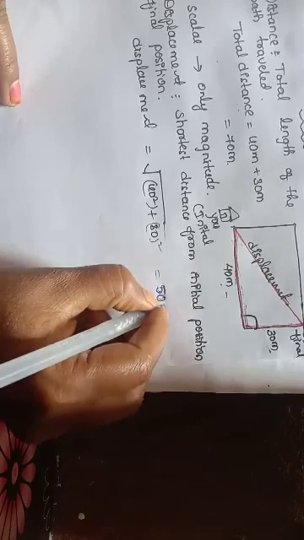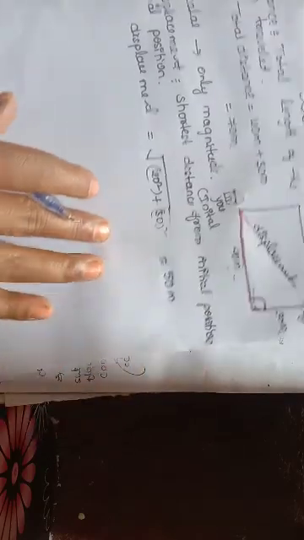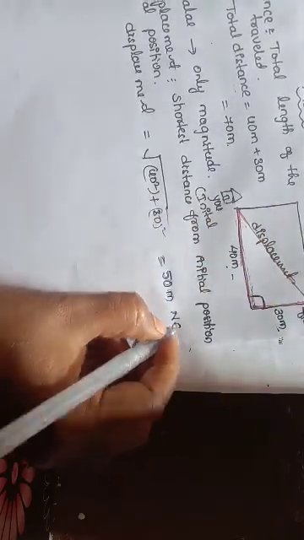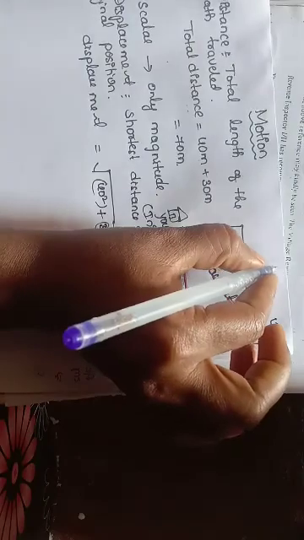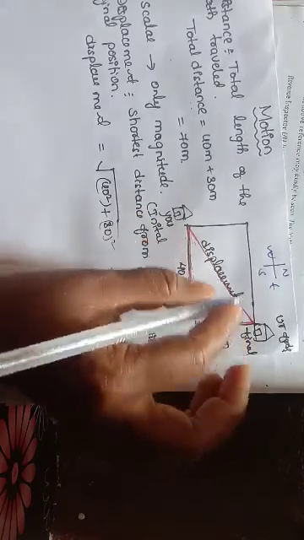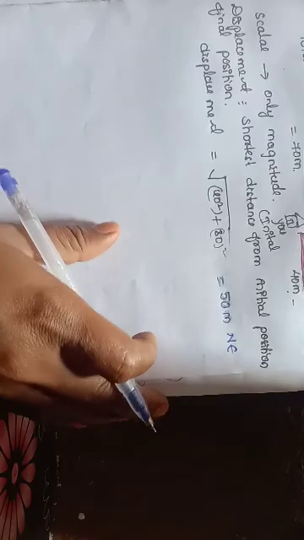In yesterday's class we already discussed that displacement is a vector quantity. So what is the direction here? Let us consider the directions north, south, east, west. In which direction are you moving? In a northeast direction. So displacement is equal to 50 meters northeast.